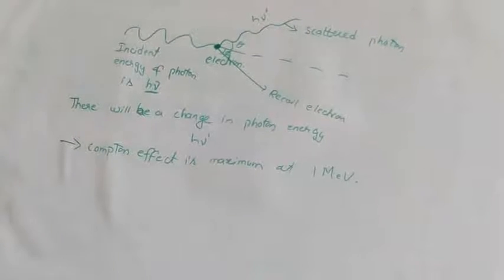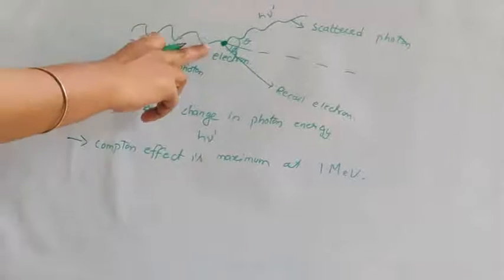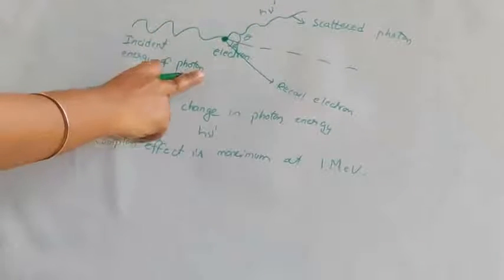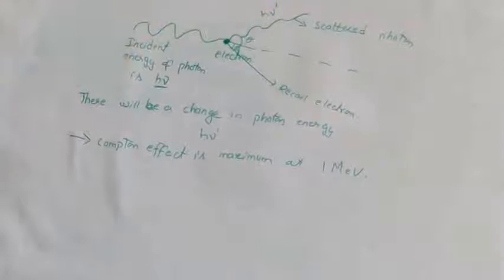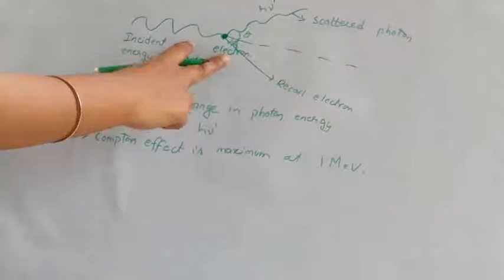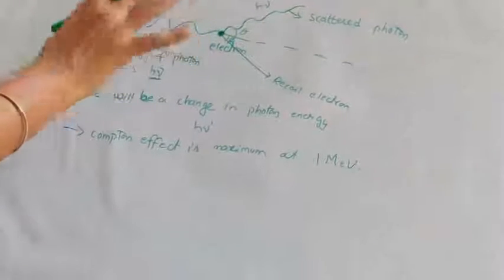Now as I have said, there will be a change in wavelength also. The incident wavelength is different, whereas after scattering the photon energy is also changing. That means from this we can say that there will be a change in incident photon wavelength and scattered photon wavelength.